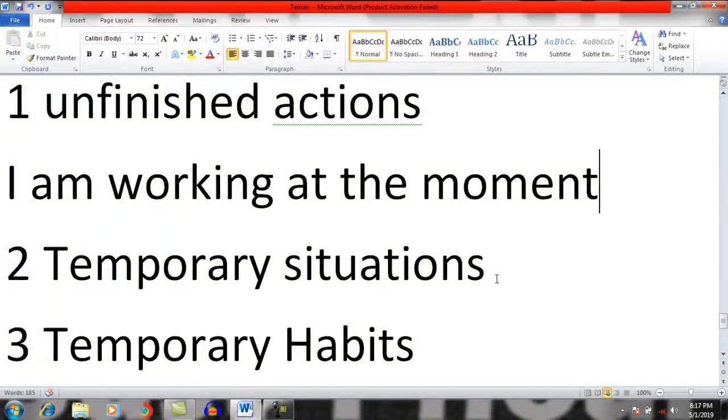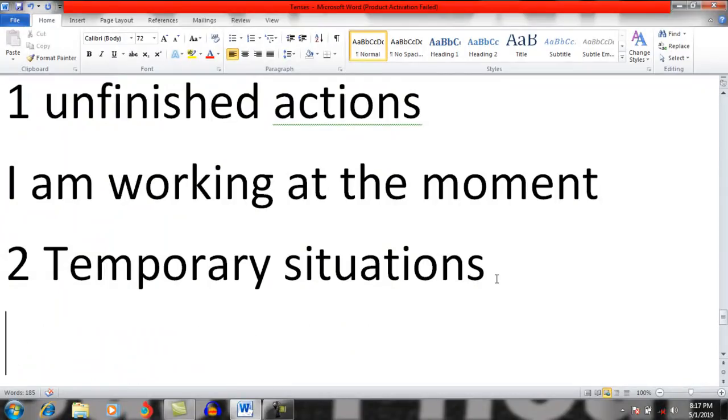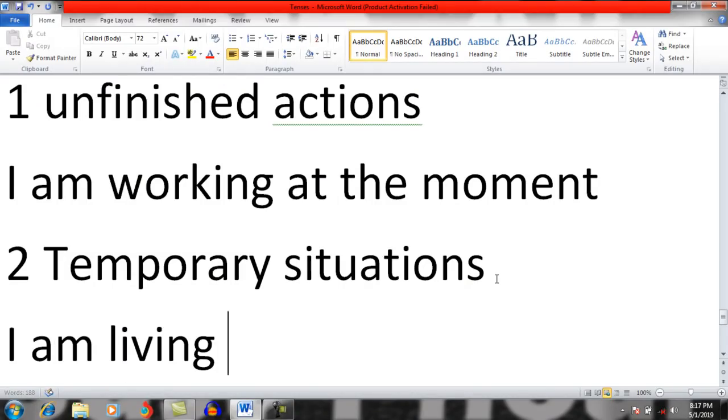Second, we use it for temporary situations. As we mentioned earlier, for those actions or activities which are permanent, we use present simple. But for those actions or activities which are temporary, we use present progressive. Like this: I'm living in Dubai.